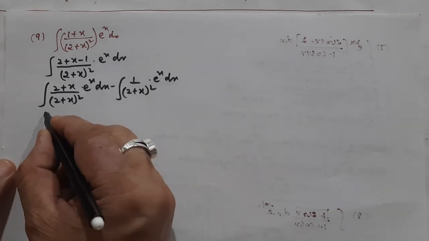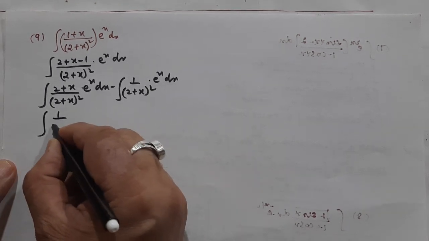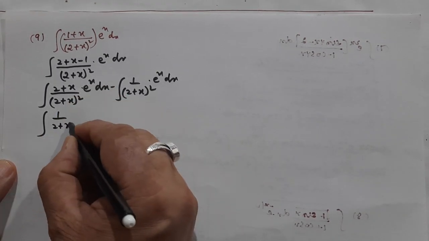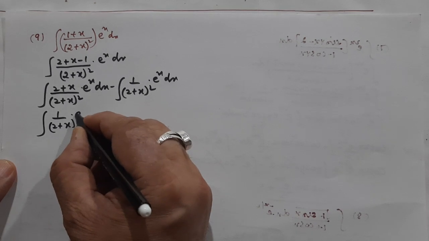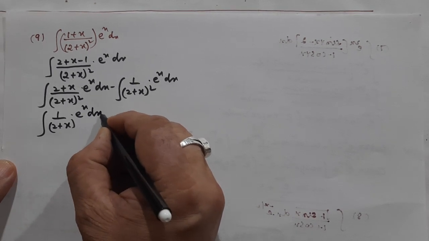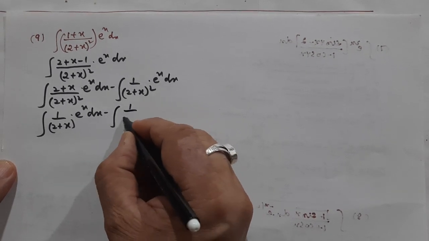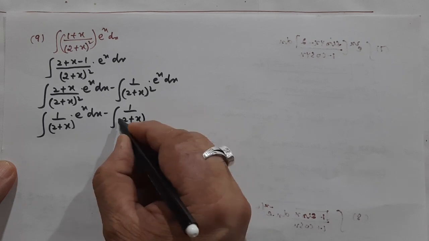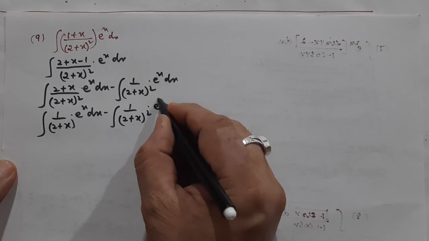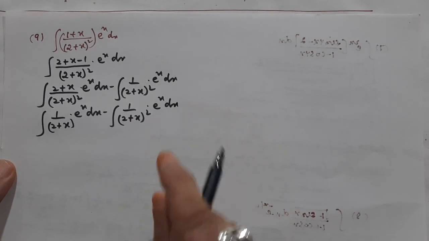On solving it we get 1 upon 2 plus x into e power x dx minus 1 upon 2 plus x whole square into e power x dx.